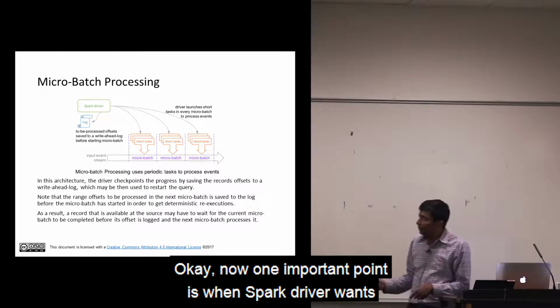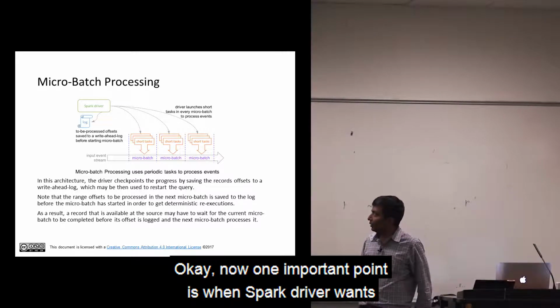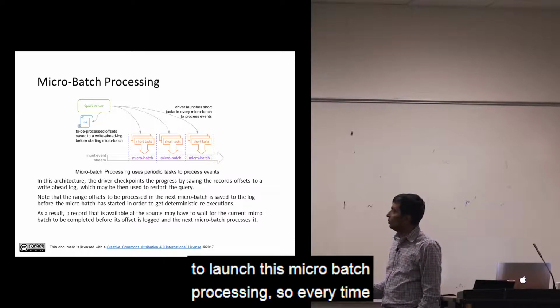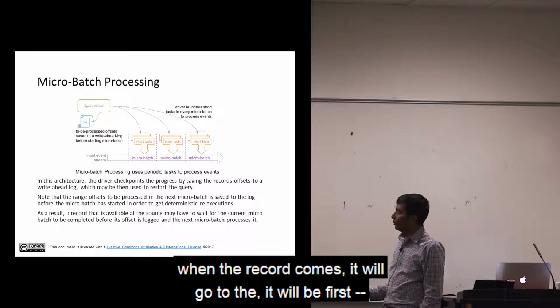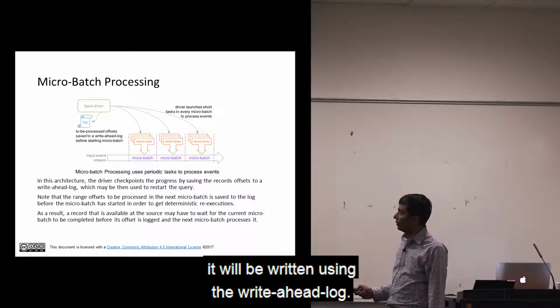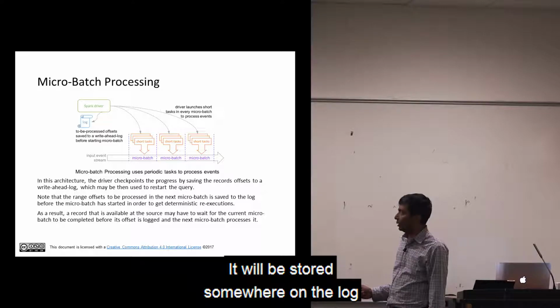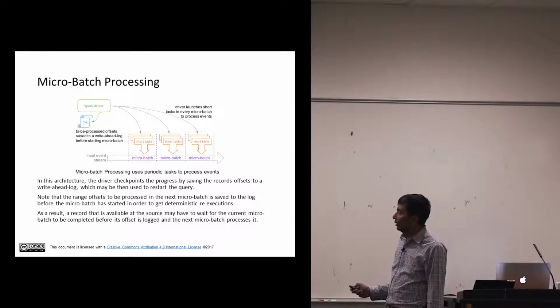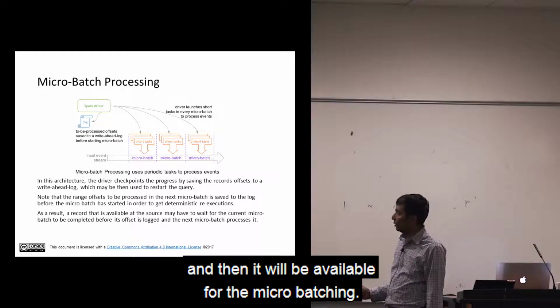Now, one important point: when a Spark driver wants to launch this micro batch processing, every time a record comes in, in order to facilitate fault tolerance, it will be written using the write-ahead log. It will be stored somewhere in the log, and then it will be available for the micro batching.